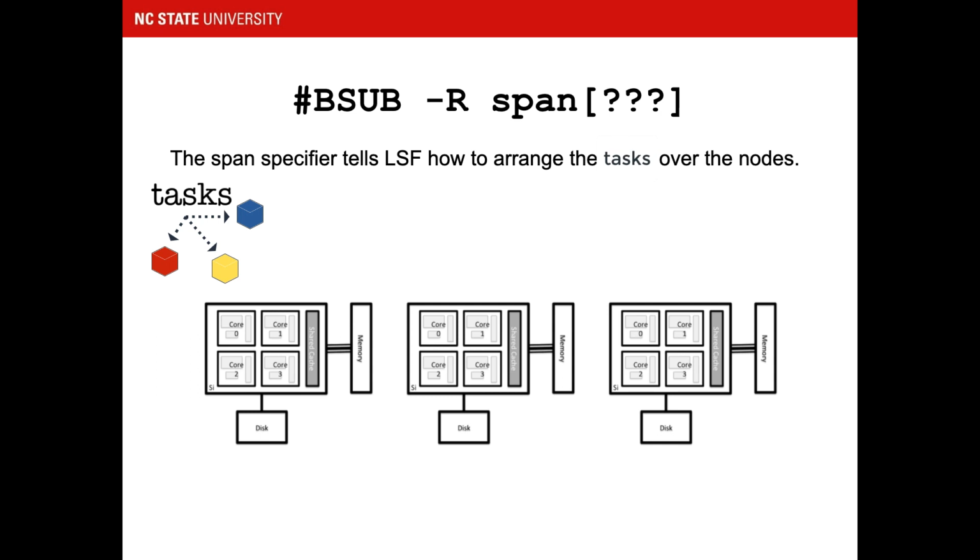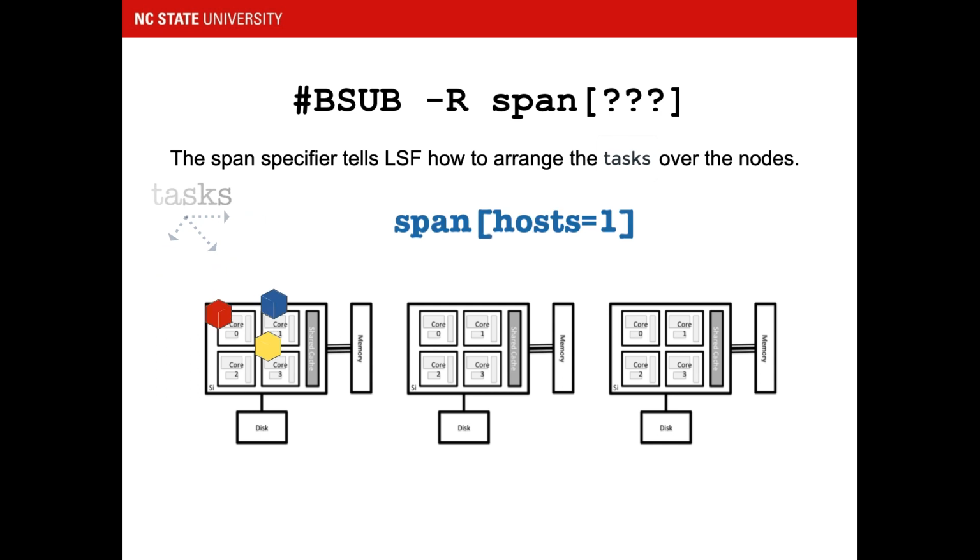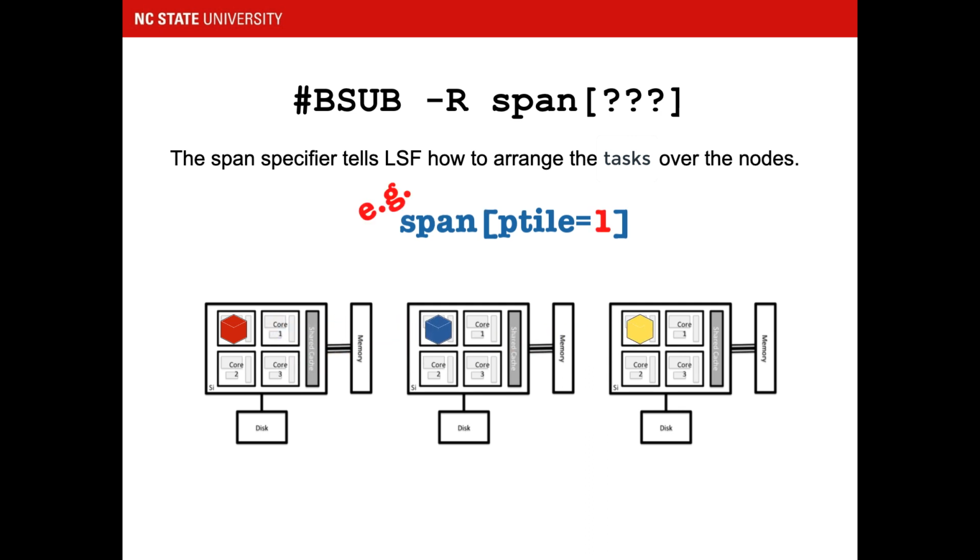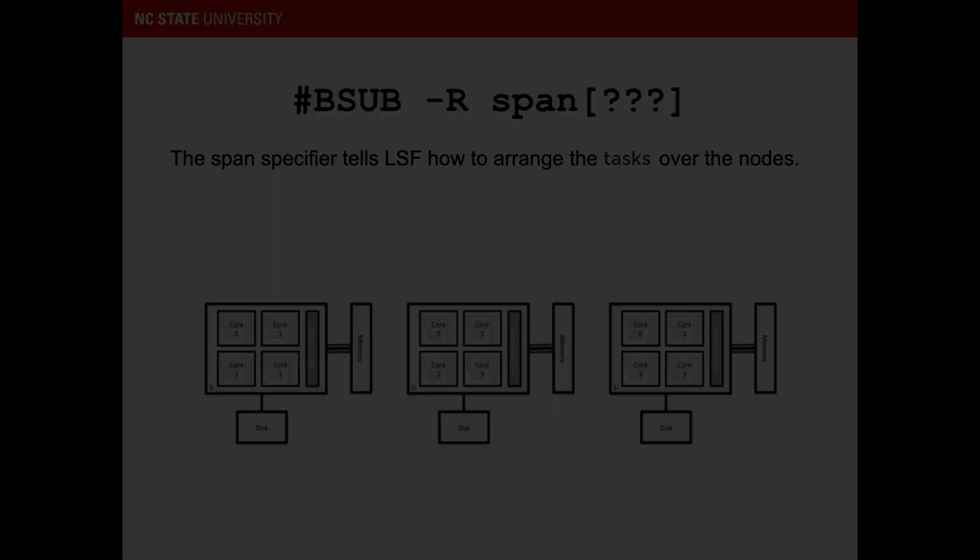The options are to specify that all the cores must be on a single node with hosts equal 1. The next option is that you can specify how many cores per node with ptile. If you don't care how your tasks are arranged and the arrangement does not affect the performance of your code, you should go ahead and leave this out.